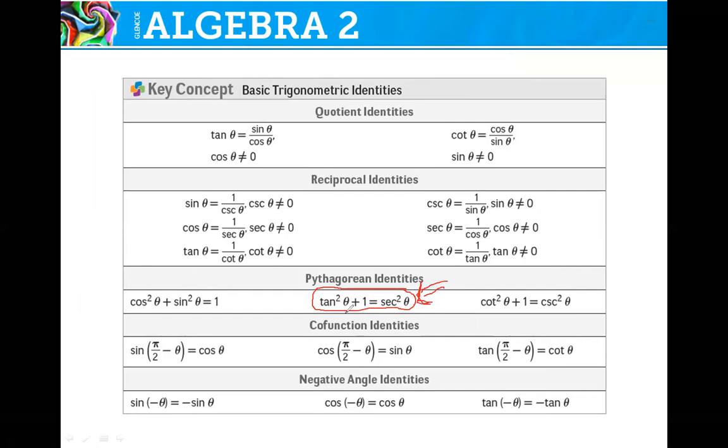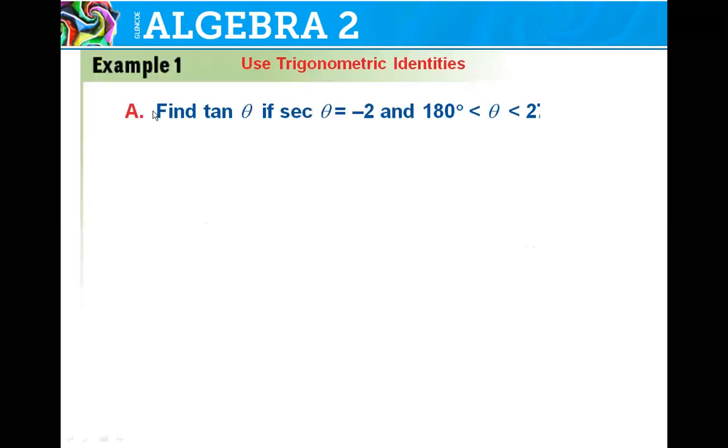So the first step, I write the rule: tan square theta plus 1 equals sec square theta. And then substitute. Sec theta equals negative 2, so instead of sec square, I write negative 2 power 2.